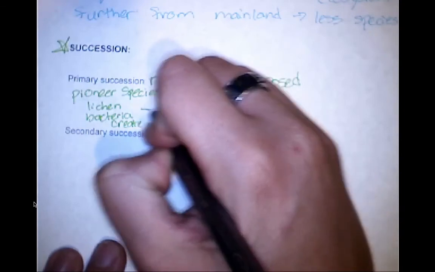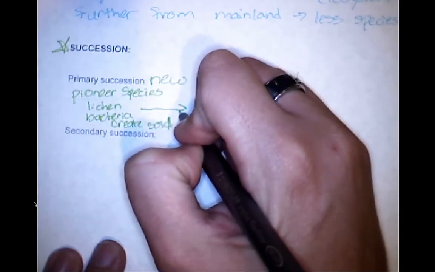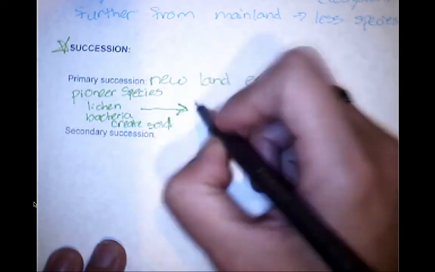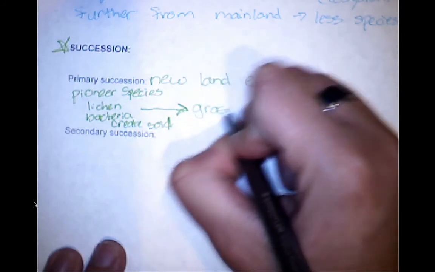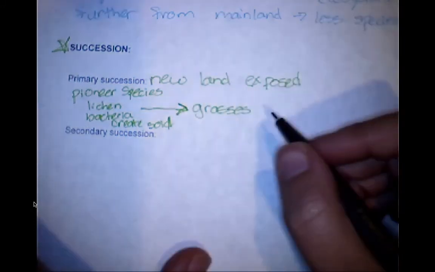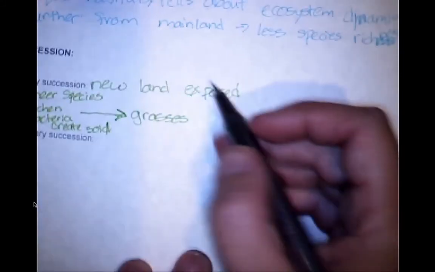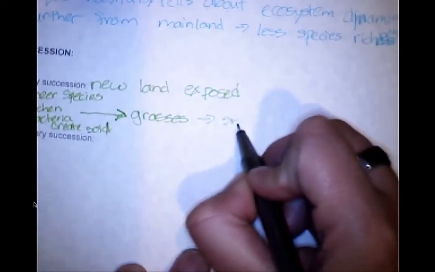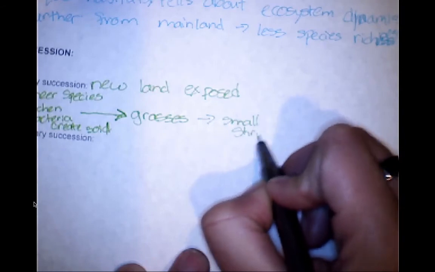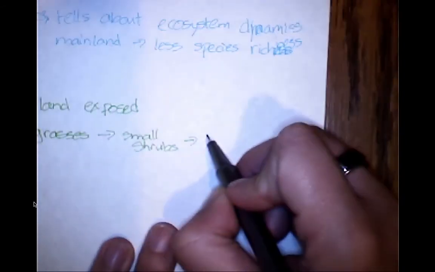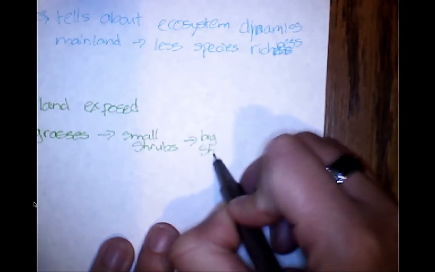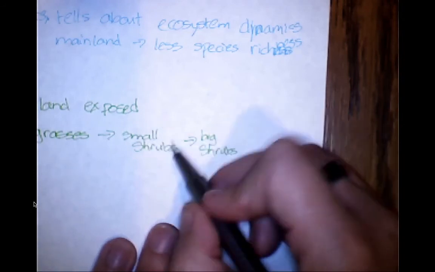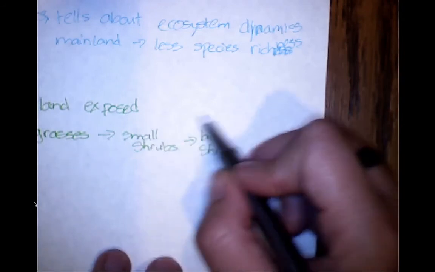Okay? These lichen and bacteria will eventually be outcompeted by grasses. Now the grasses are hanging out for a few years, and then you'll start to see small shrubs appear. Then eventually you'll start to see big shrubs after a few years. And meanwhile, little birds are moving in, and reptiles and amphibians and whatever.